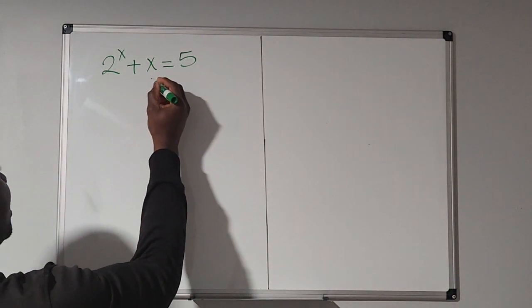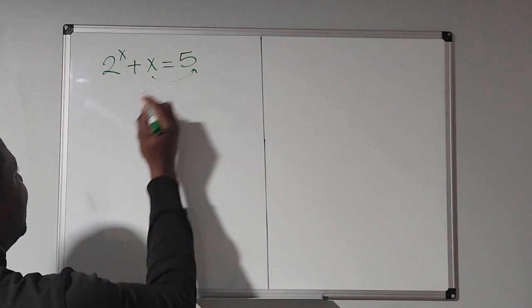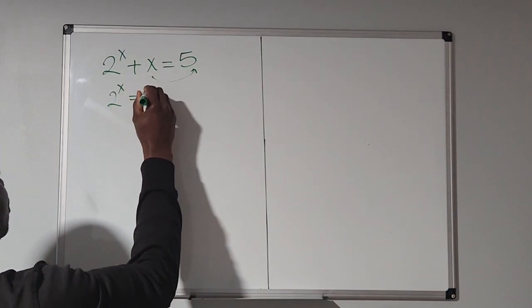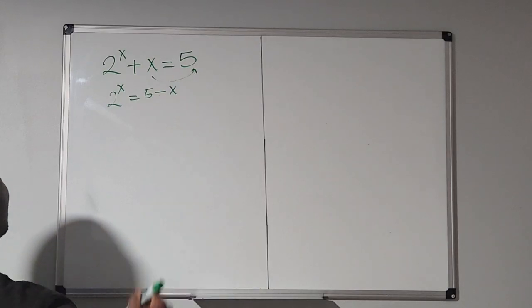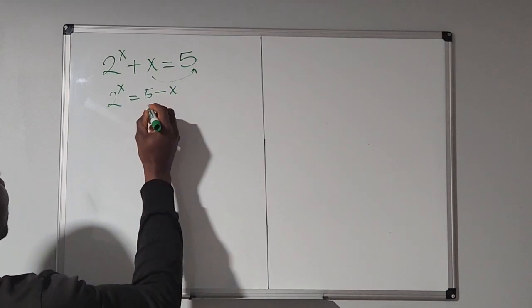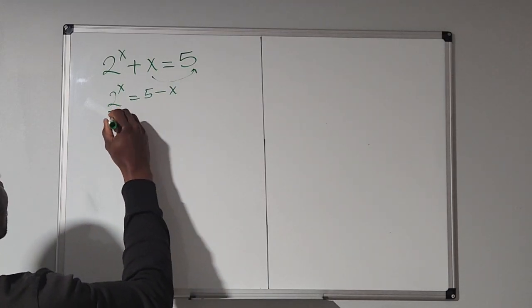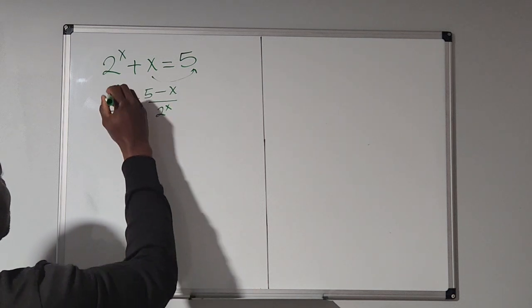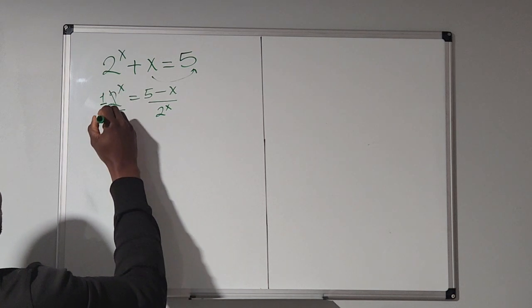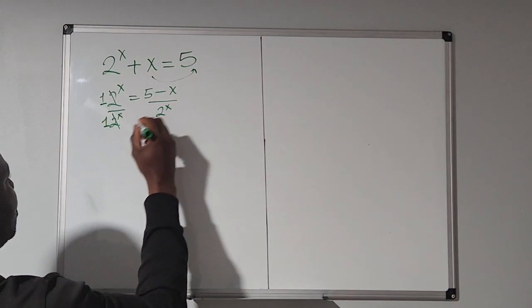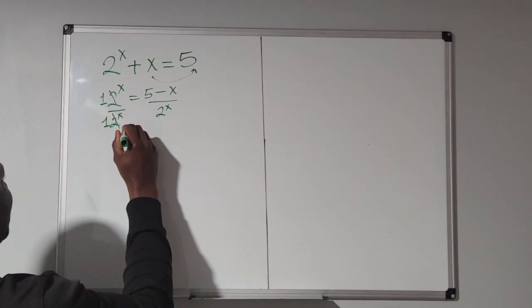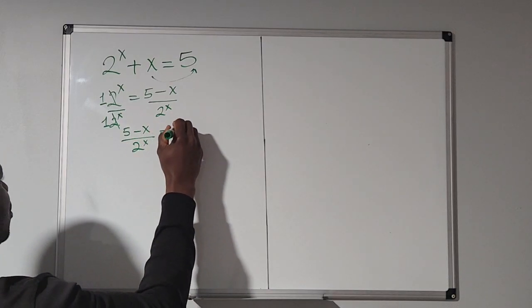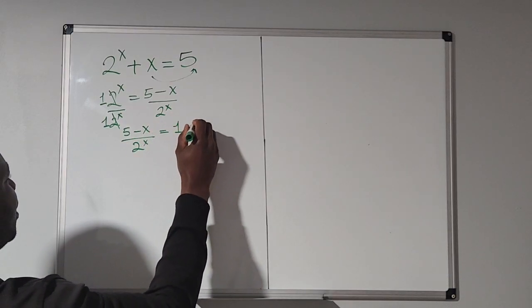So we'll start by moving this x over to this side. So we have 2 raised to power x is equal to 5 minus x. Now we can divide both sides by 2 raised to power x, and this cancels out. So now we have that 5 minus x over 2 raised to power x is equal to 1.